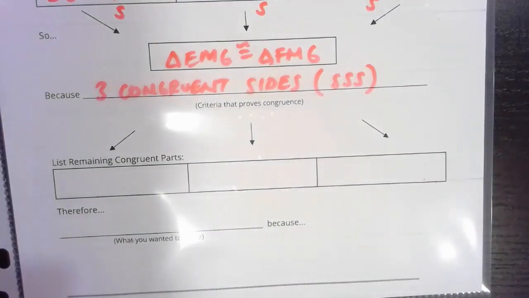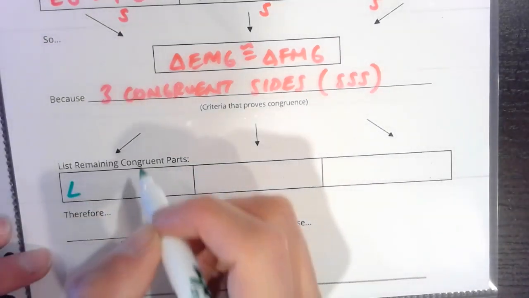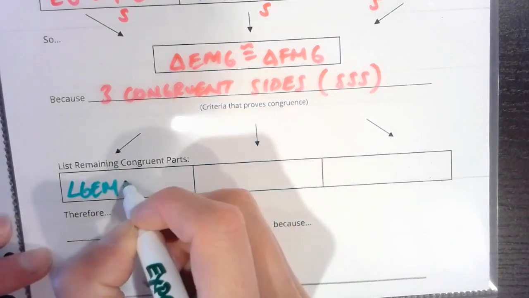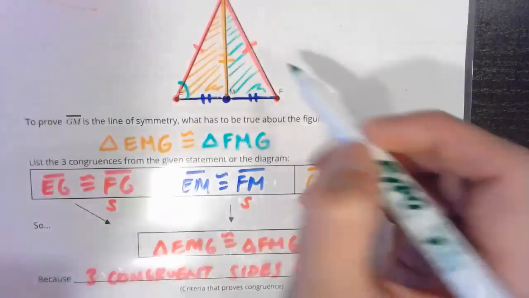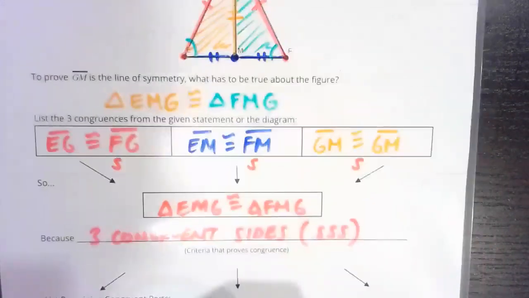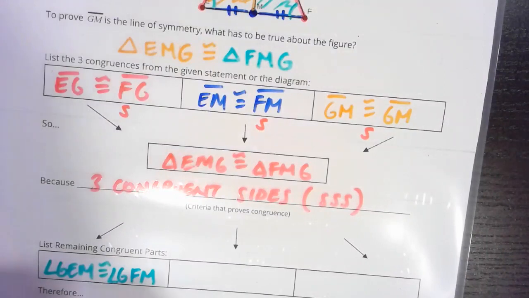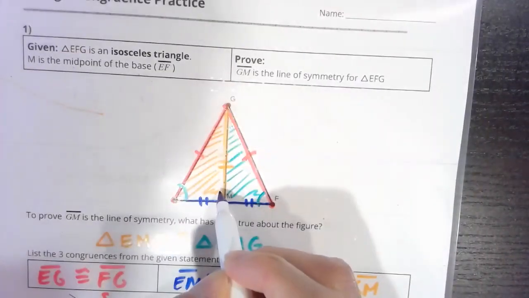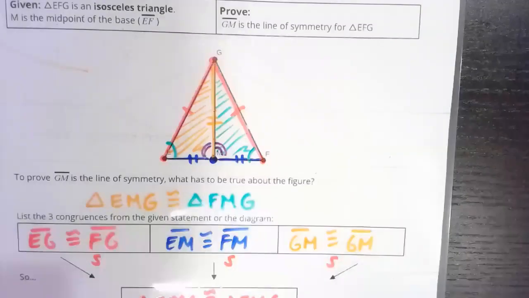I know that angle GEM, this angle, has to be congruent to this angle, so that's GFM. I know that this angle here has to be congruent to this angle here.